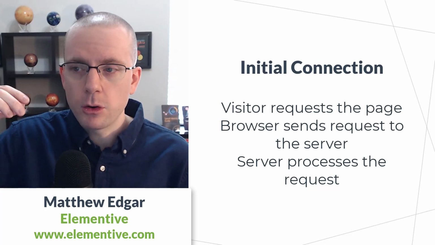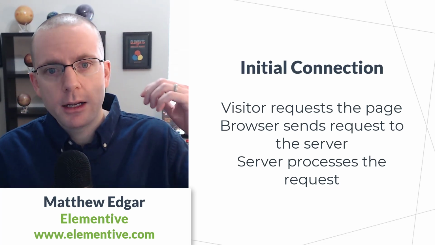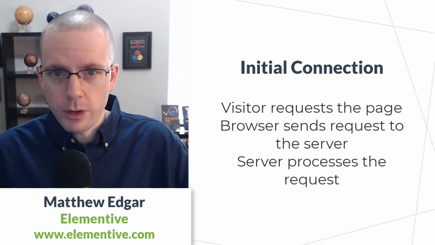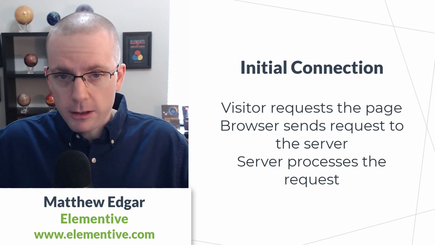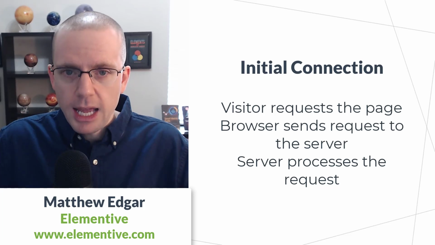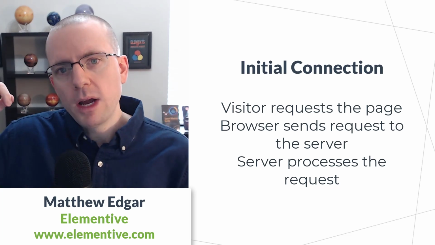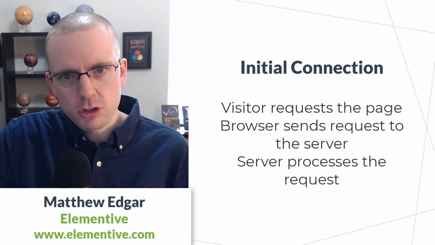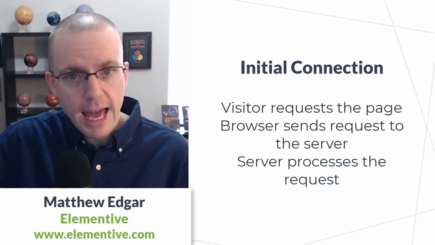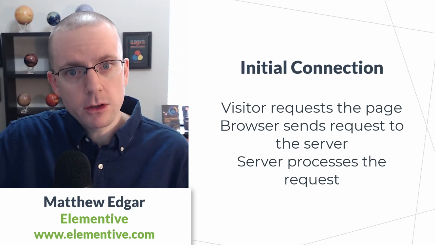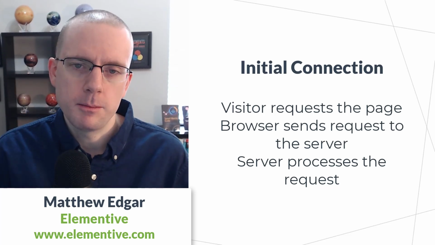So the server might have to go and query a database file or go and find a bunch of different files located on the server, images and so on, that are connected with that particular page and start building all of those out. So that's the initial connection to the website, right? The browser and the server have to establish a connection. The server has to start building out those particular files that are needed for the requested page.